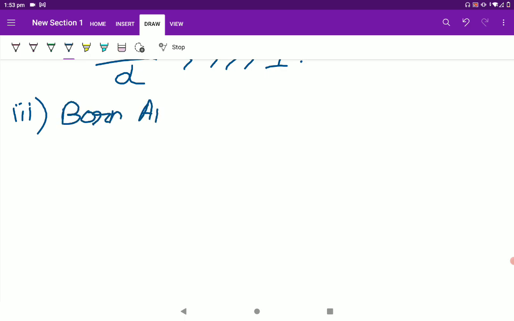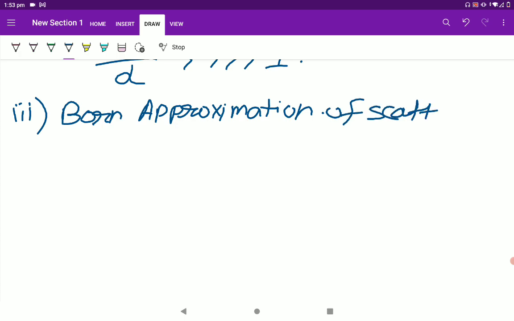Born approximation of scattering, which means that in the first order approximation, we consider only one interaction between the X-ray wave and the crystal, or between the electron or neutron and the crystal. It means that we don't consider multiple scattering.